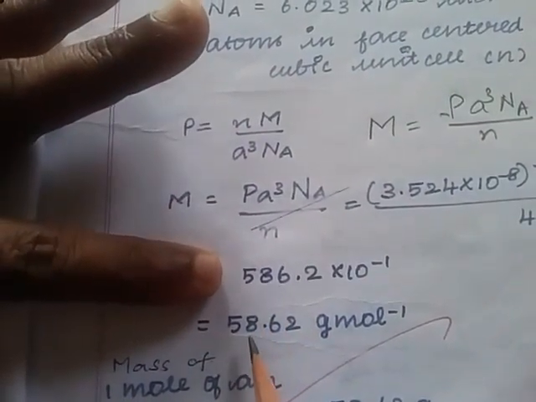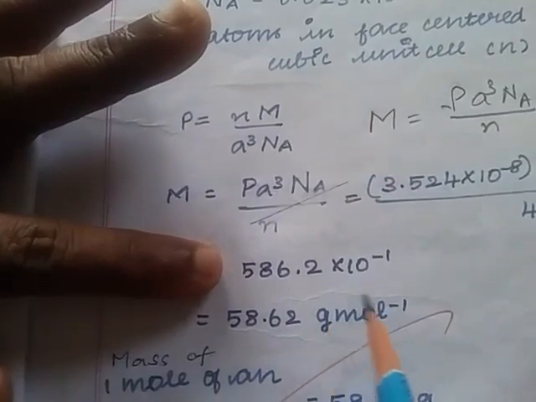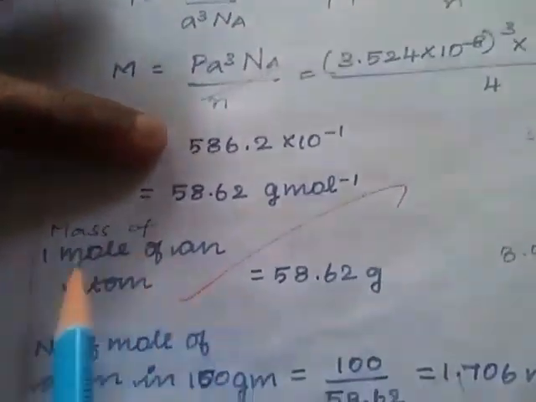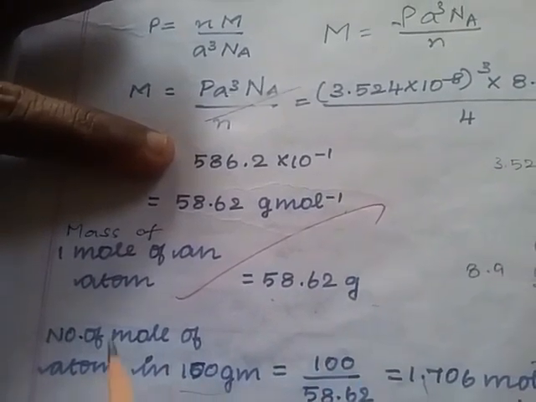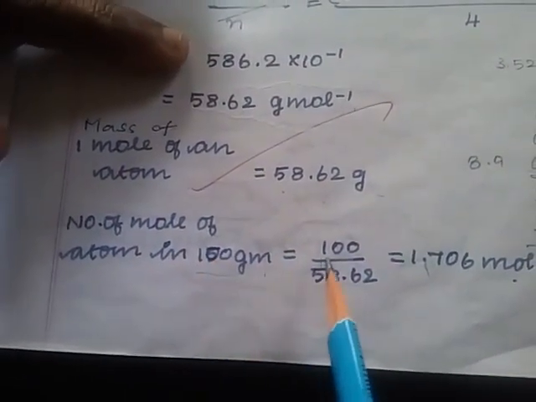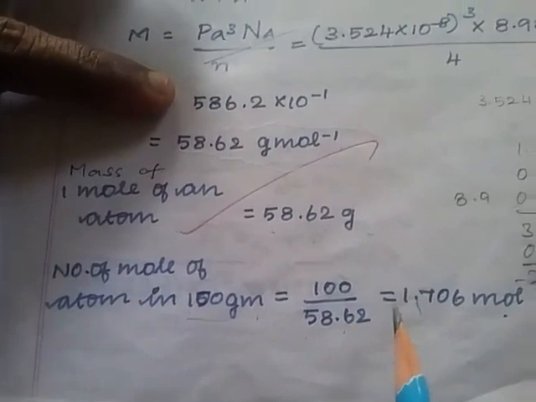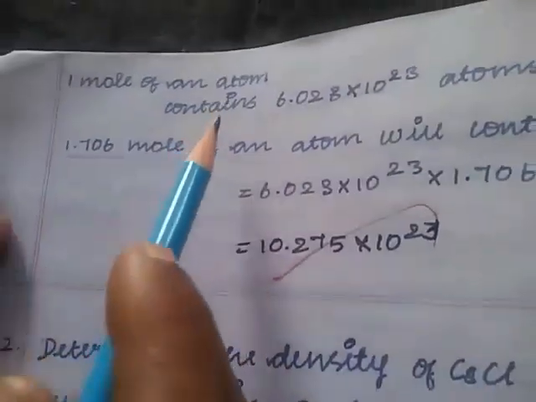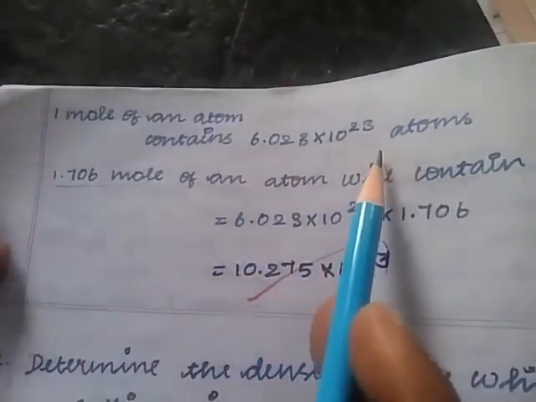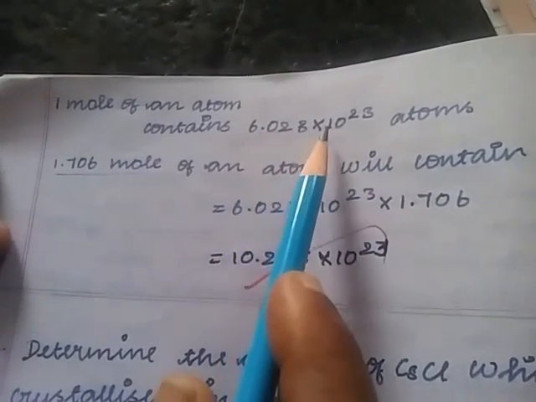Here, the capital M value equals 58.62 gram mole inverse. Now the mass of 1 mole of an atom equals 58.62 gram. Here, the number of moles of atom in 100 gram equals 100 divided by 58.62, which equals 1.706 mole. Now next, 1 mole of an atom contains Avogadro number of atoms, so 6.023 into 10 power 23.